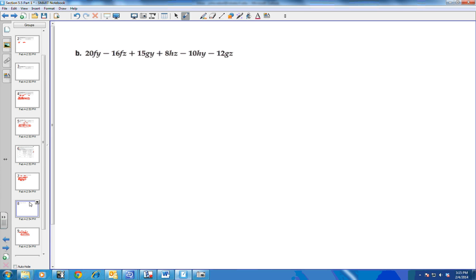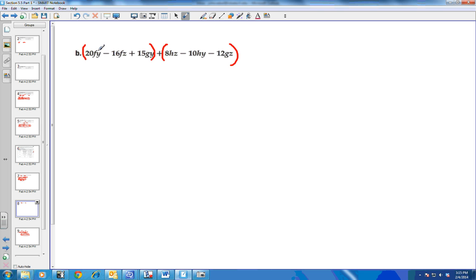The reason I skipped this one is because when I group together my first 3 and my last 3, it's not going to work. Let me show you. The numbers that they would have in common, there's not a number I would have to factor out. They don't have anything in common.